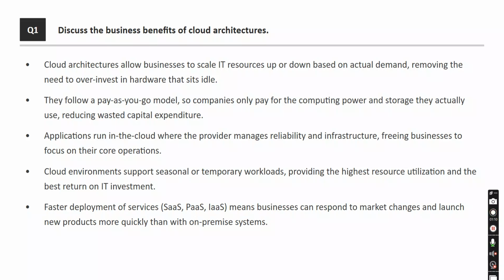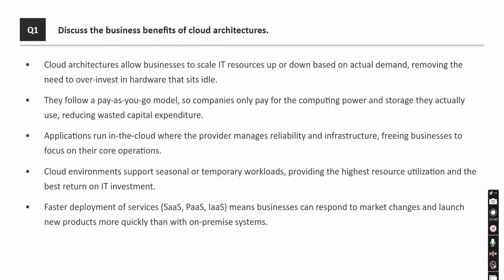Third, because applications run in the cloud, the provider takes care of reliability and infrastructure. This frees businesses to focus on what they actually do rather than worrying about managing servers. Four, cloud environments are great for seasonal or temporary workloads, so companies can handle peak demand without permanently committing to extra resources.